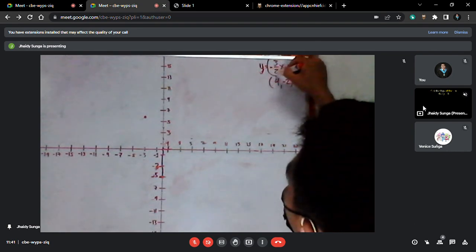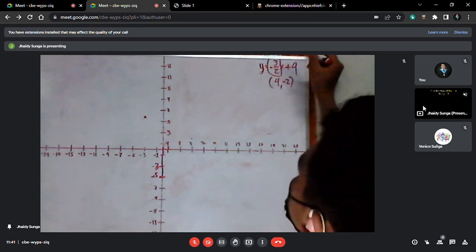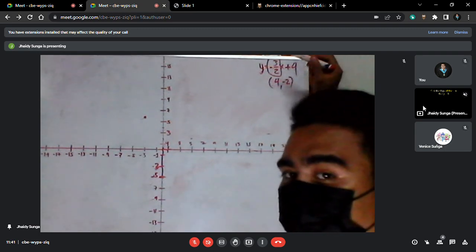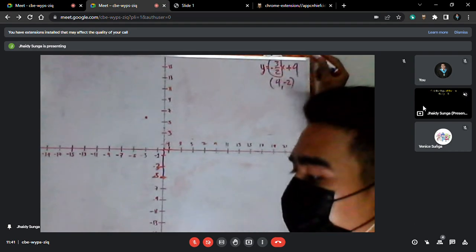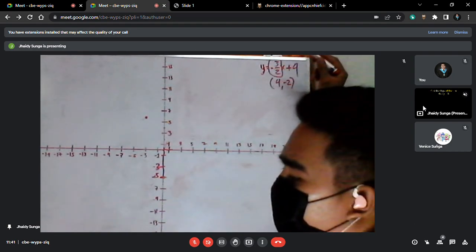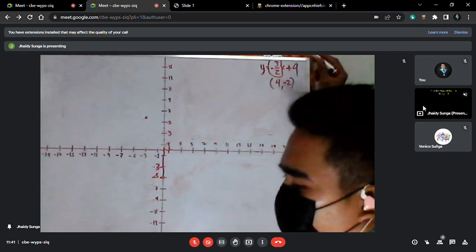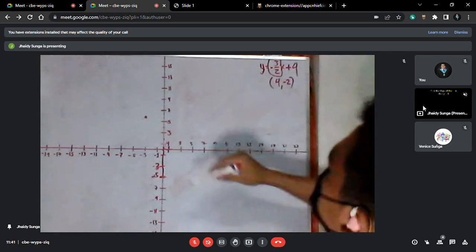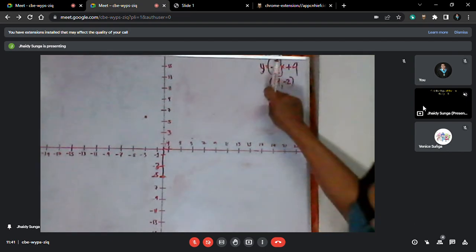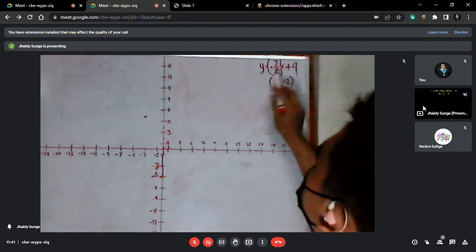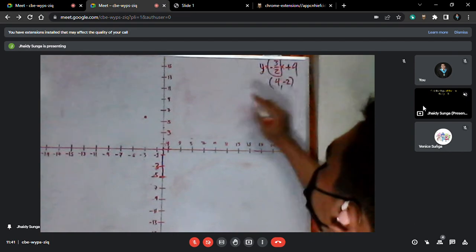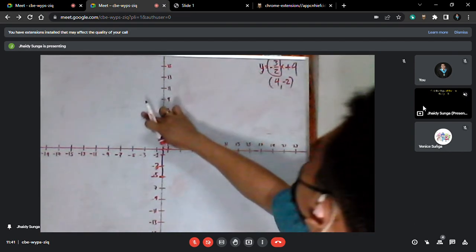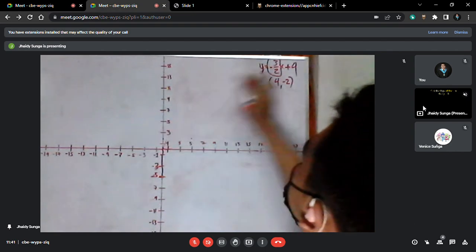Later on you will know why negative 3 halves is our slope, and all the special forms of equations of a line.